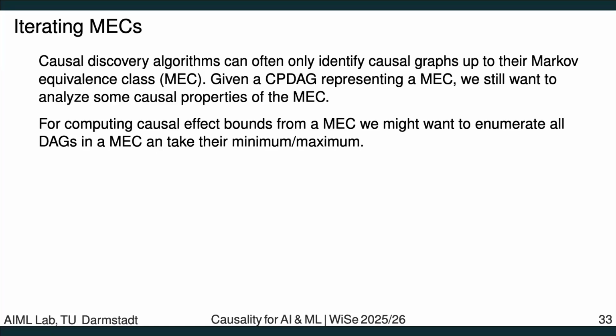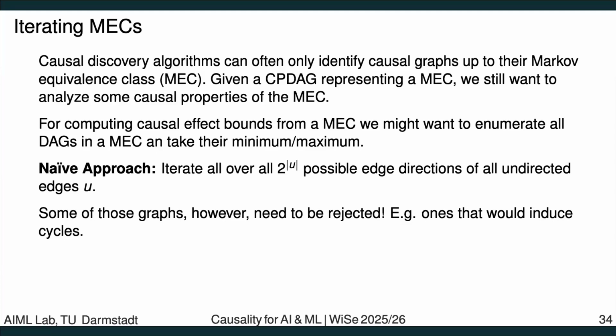So basically, in the previous lecture, we looked at causal identification with do-calculus. And the thing is, what do we do if we have a CPDAG? We have some undirected edges, so maybe we don't know the causal direction, and that might be a problem, because for applying the do-calculus, we need to know the direction of all the edges, or most of them at least.